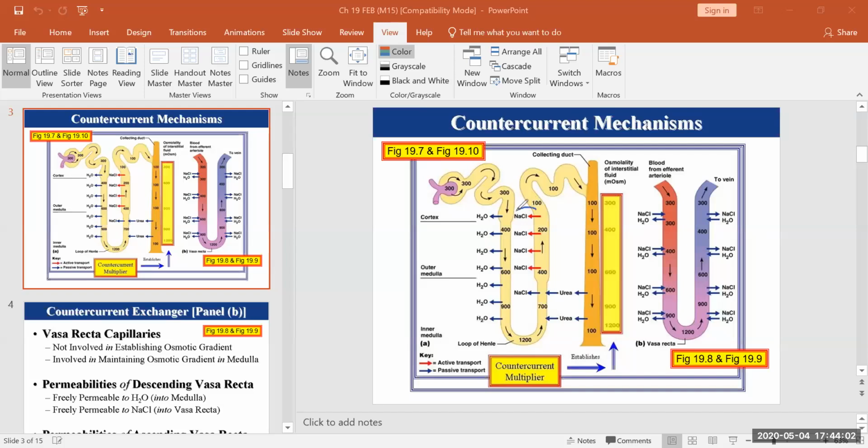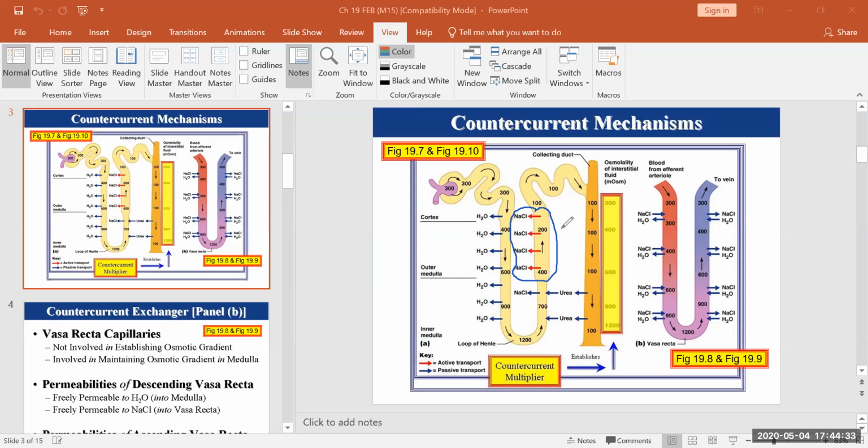This part here, active transport. The ascending limb is setting the tone. The ascending limb of the loop of Henle consumes energy, consumes ATP to actively send out sodium, potassium, and chloride, allowing them to leave the renal filtrate and go into the interstitial space.